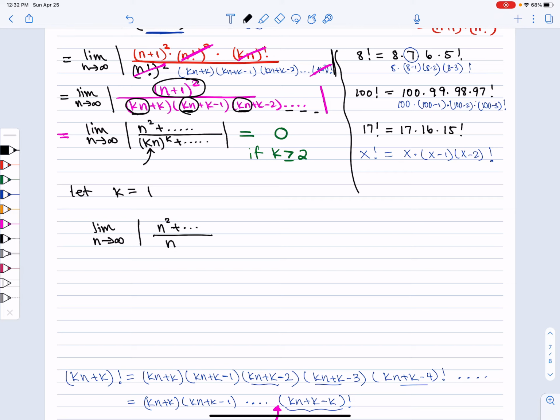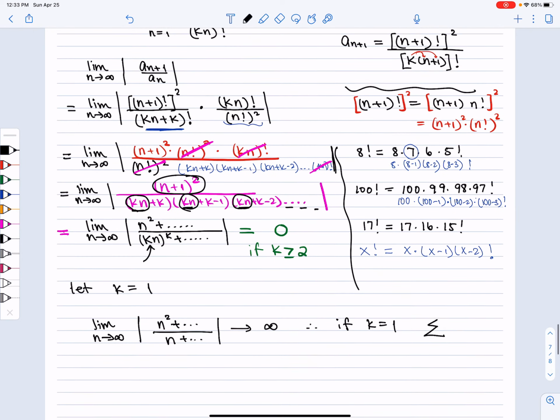So you have 1 times n over 1 plus something. So when k is equal to 1, the first terms in the numerator and denominator are n squared and n. And that limit is going to go towards infinity.